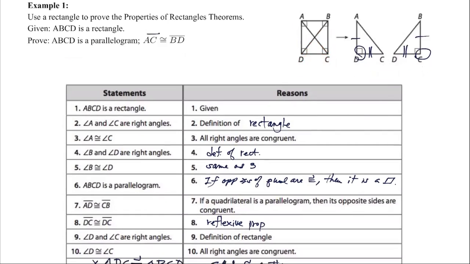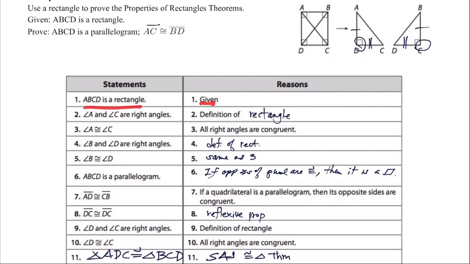ABCD is a rectangle, that's given. Then A and C are right angles, because that's the definition of a rectangle. A and C are congruent because all right angles are congruent. B and D are right angles, that's the definition once again, and B and D are congruent, same as 3. You don't have to write it over again; if it's short to say same as 3, you can do that. And we know that ABCD is a parallelogram because if the opposite angles are congruent, then it is a parallelogram.